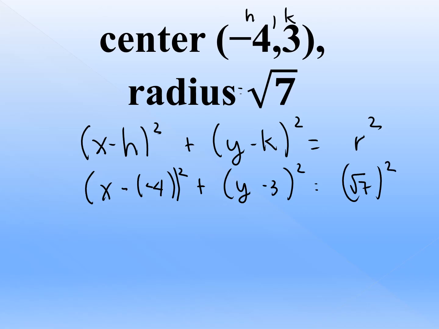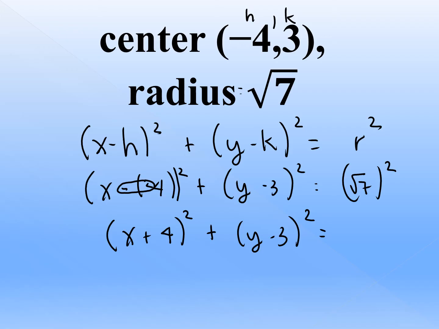Now we're going to simplify negative times negative, which is equal to positive. So therefore, we have x plus 4 quantity squared plus y minus 3 quantity squared is equal to the square root of 7 quantity squared.